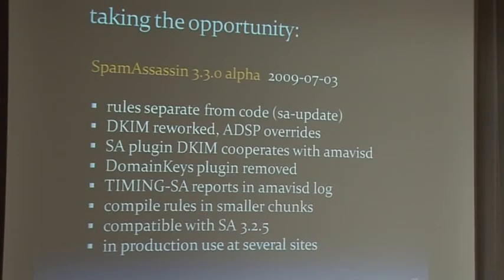Just a quick mention of what is new. Rules are now separate from code in the distribution, so you have to download rules separately and use sa-update to install them, or, if you have network connectivity, which is what most people would do, just run sa-update, which would automatically fetch rules from the network and install them.